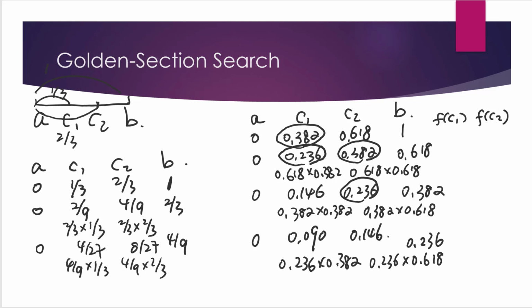So you can see when we evaluate the function value at this point, we don't need to calculate it, because the function value at this point was already evaluated in the last iteration, right? So it can save us a lot of time. So that's the whole point of using the golden ratio as a method to find the interior points. In the next video, we will talk about the halting condition of this method.